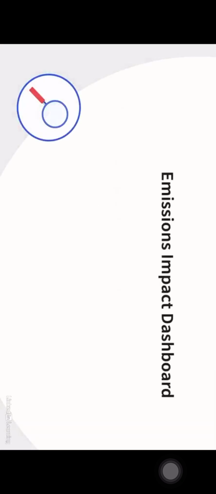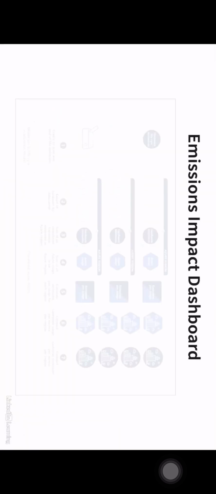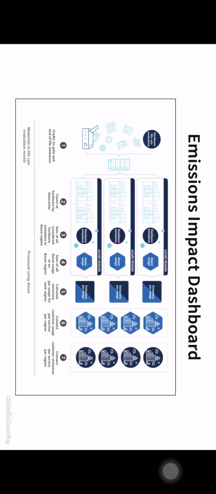The emissions impact dashboard falls in the green technology domain of the Microsoft Cloud for Sustainability solutions. It focuses on carbon reduction in the IT systems themselves. Emissions impact dashboards provide consistent and accurate carbon accounting to quantify an organization's carbon footprint associated with using Microsoft Azure and/or Microsoft 365. They enable organizations to quantify emissions across scopes 1, 2, and 3 by using Microsoft's methodology.